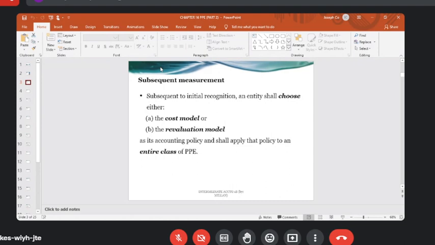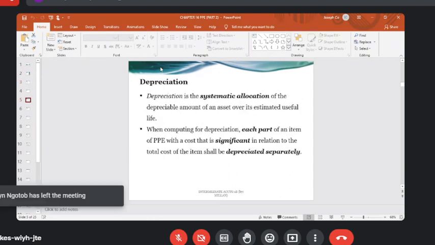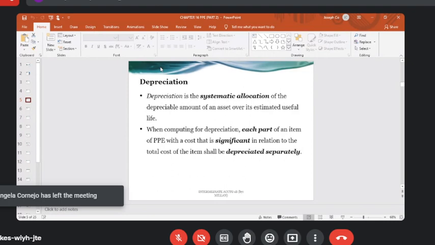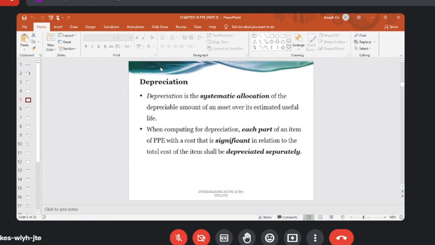Okay. Cost model: after recognition, an item of PPE is measured at its cost, less accumulated depreciation and accumulated impairment loss. Depreciation is the systematic allocation of the depreciable amount of an asset over its estimated useful life. When computing depreciation, each part of an item of PPE with a cost that is significant in relation to the total cost of the item can be depreciated separately.